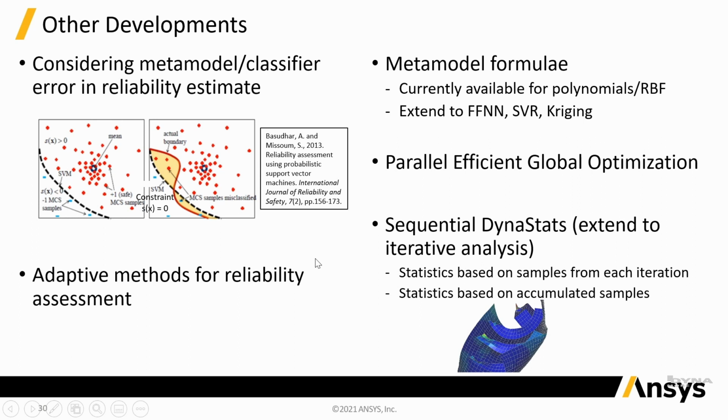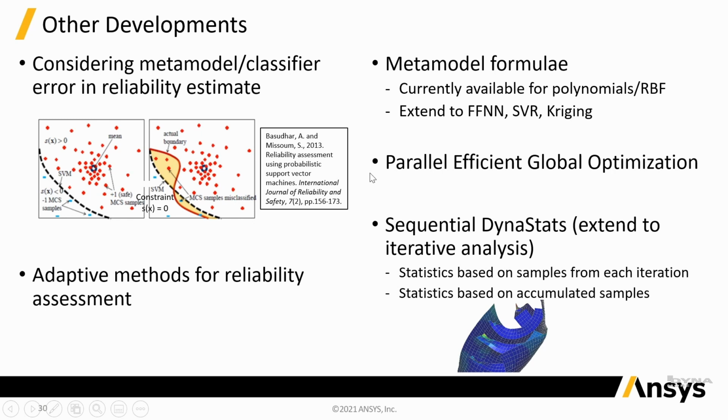Also, we are going to work on some adaptive methods for reliability assessment. Some of the other features that we will be working on are metamodel formulas for all types of metamodels. Currently, they are available only for polynomials and RBF. We plan to make it available for the other metamodel types as well.